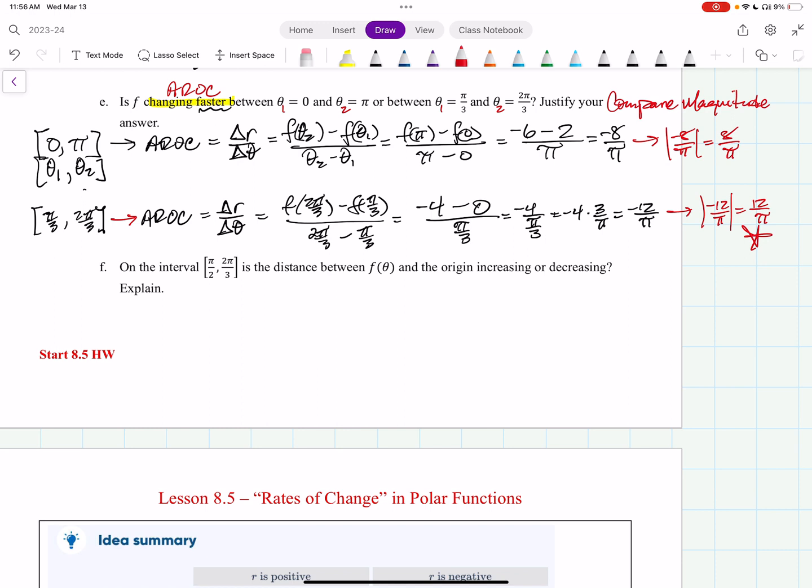Okay, so I can make a conclusion here. So we have a faster AROC, faster average rate of change, on the second interval from pi thirds to 2 pi thirds, because 12 over pi is greater than 8 over pi.